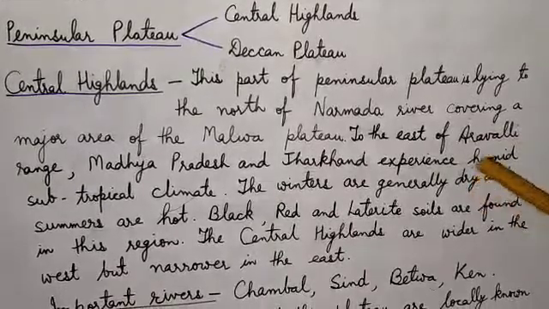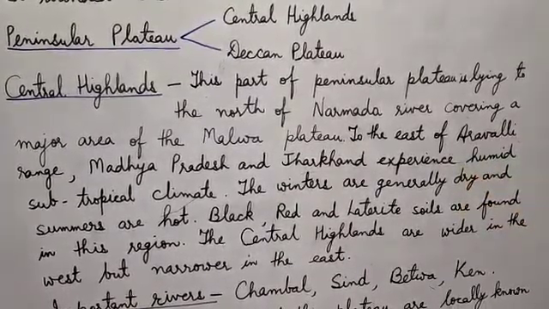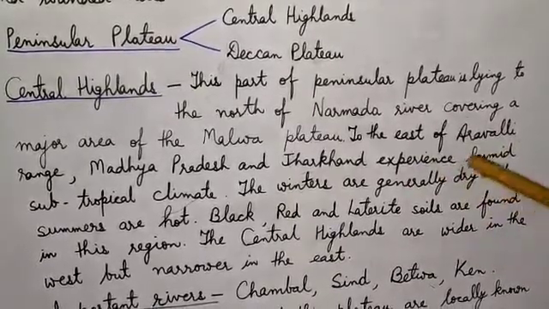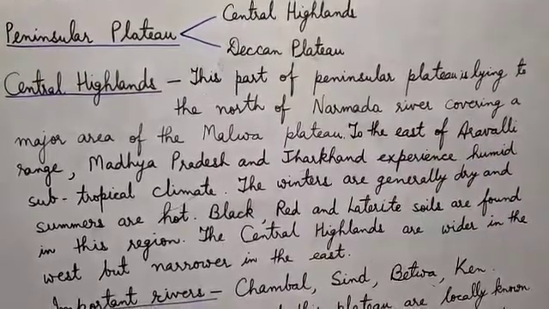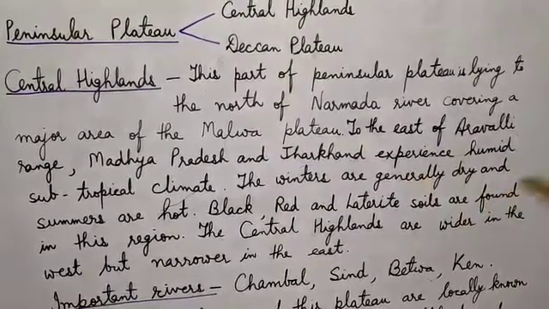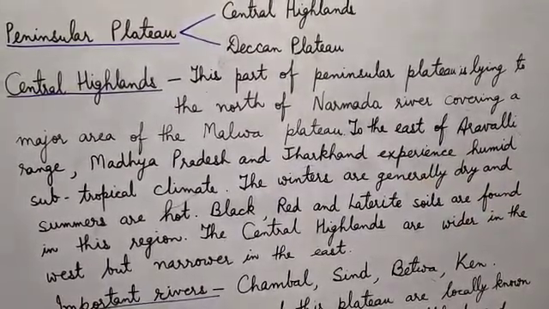Talking about the climate of this part, Madhya Pradesh and Jharkhand experience a humid subtropical climate. Here, the winters are generally dry and summers are quite hot.